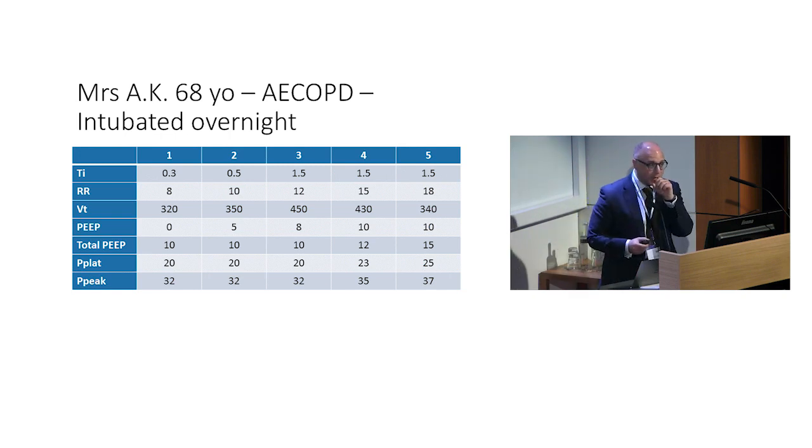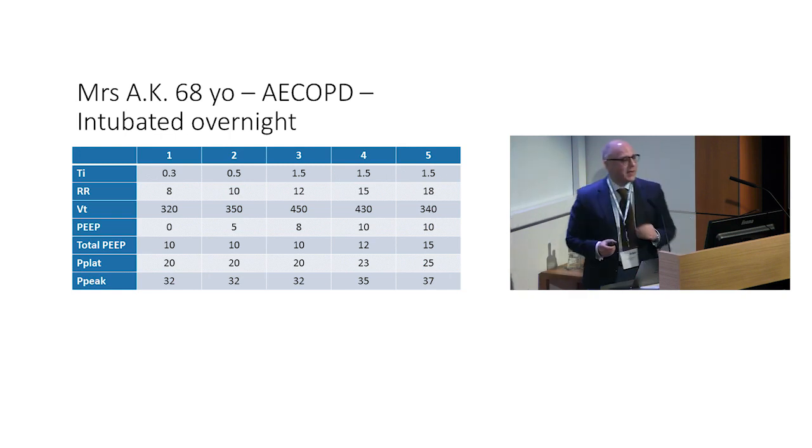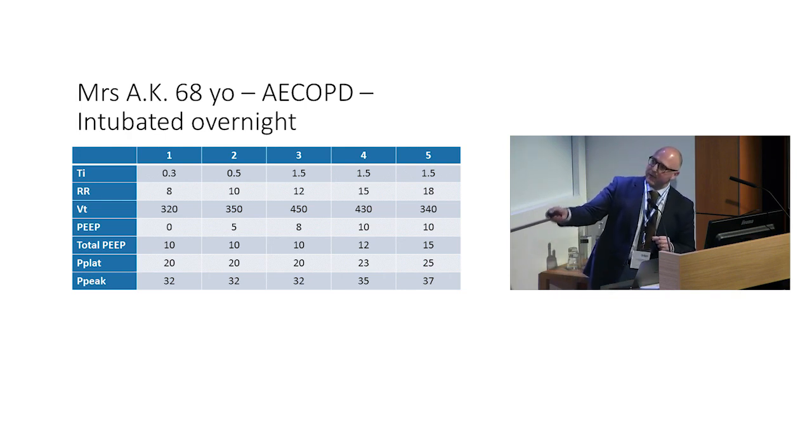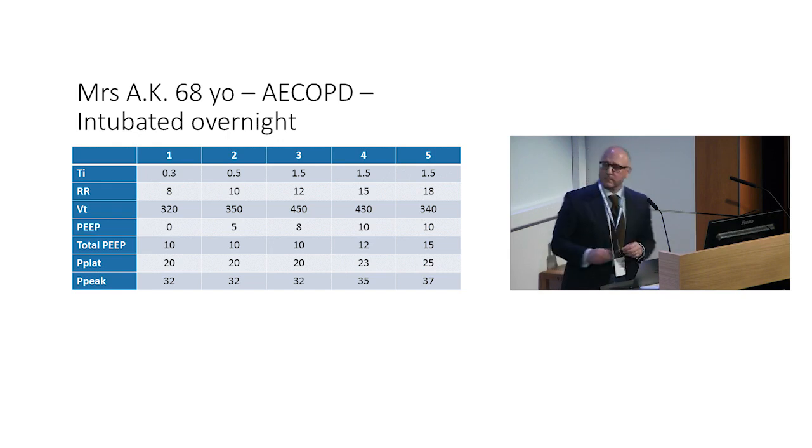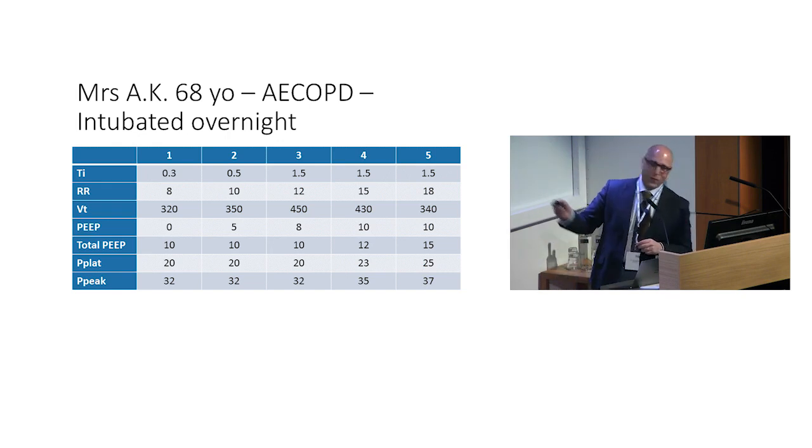She's been intubated overnight, and then you, at the handover, someone presents you this piece of paper saying, I've tried 5 different strategies. These are the inspiratory time, the respiratory rate that increases, the tidal volume, PEEP, the total PEEP, plateau and peak. Where do you want me to leave the ventilator? Option 1, 2, 3, 4, or 5.